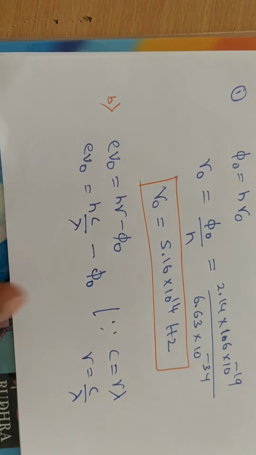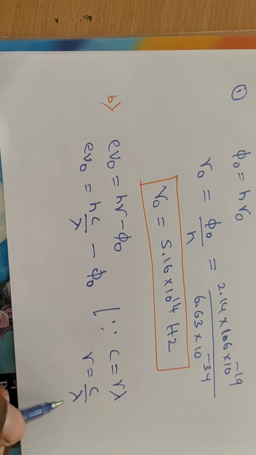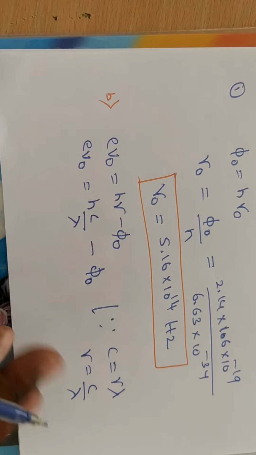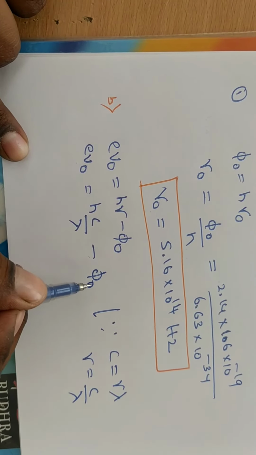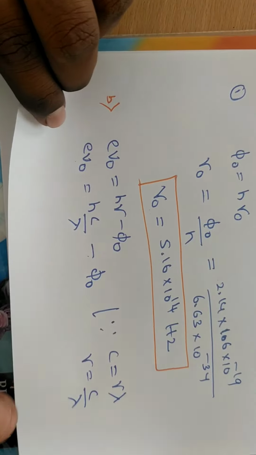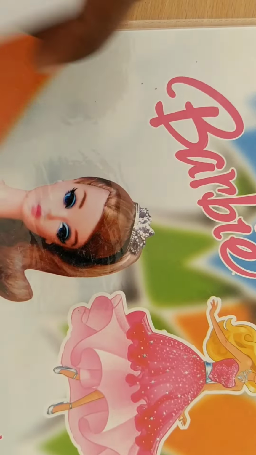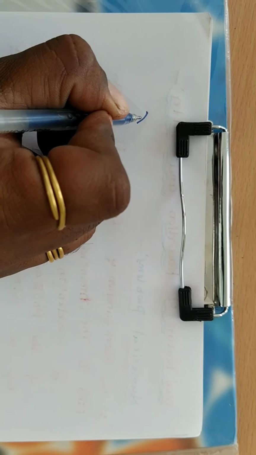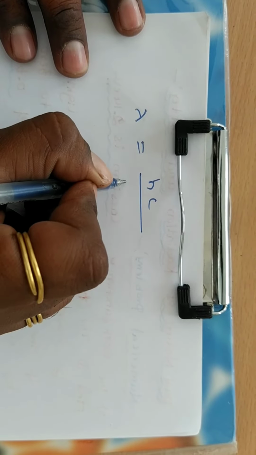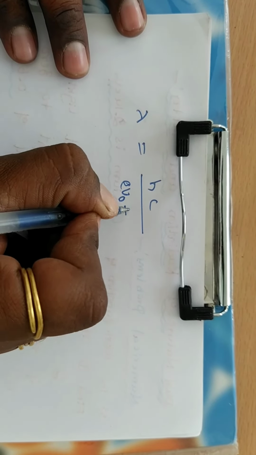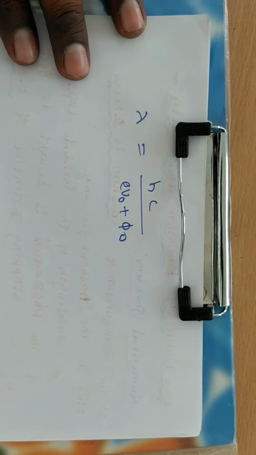Then eV naught is equal to hc divided by lambda minus phi naught. Therefore, converting the equation, lambda is equal to hc divided by eV naught plus phi naught.